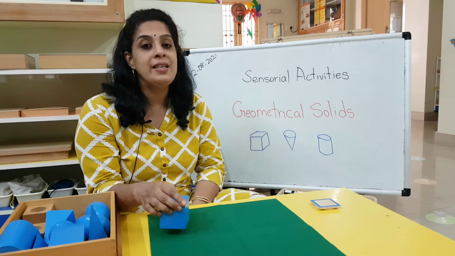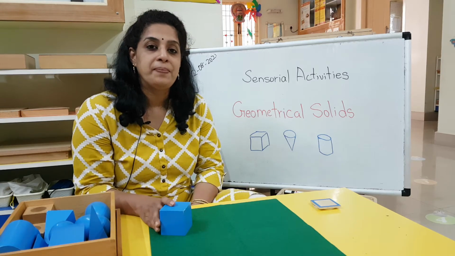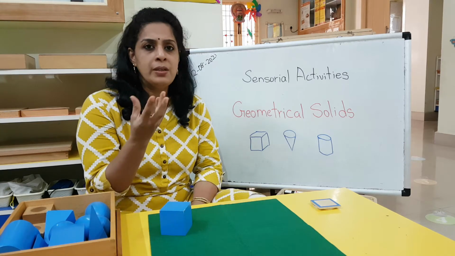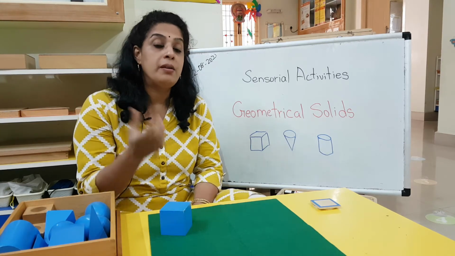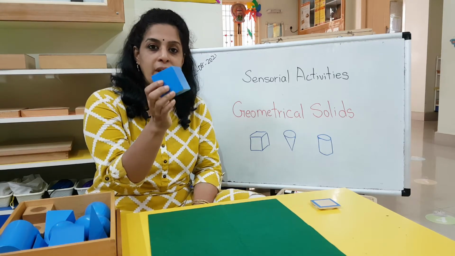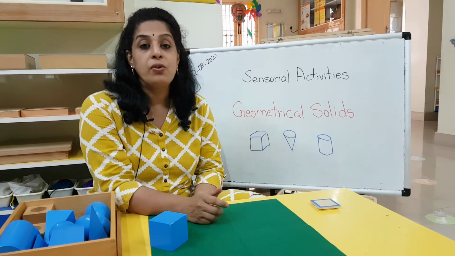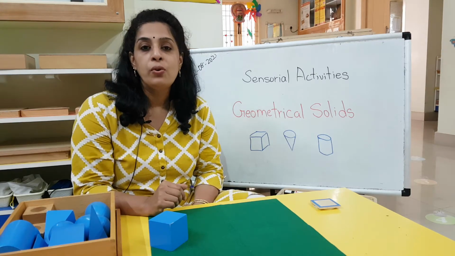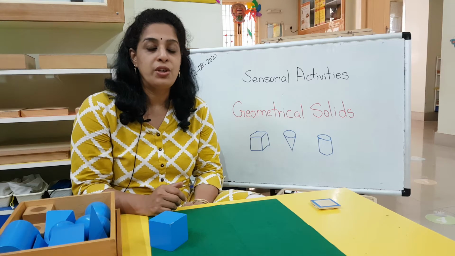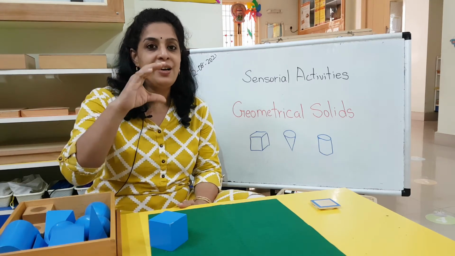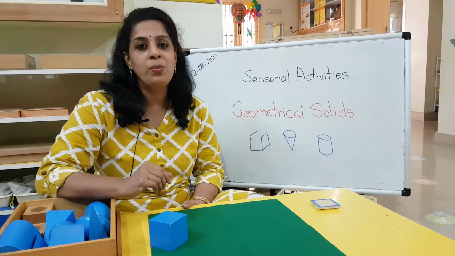What else have you seen in cube shape? Like ice cubes. Now it is coming in different shapes, but in the beginning ice cubes came like perfect cubes like this. So you see the name itself had cubes. And those of you who are in M2, you will already know that the 1000 cube, the number 1000 for us in the golden bead, is cube shaped.